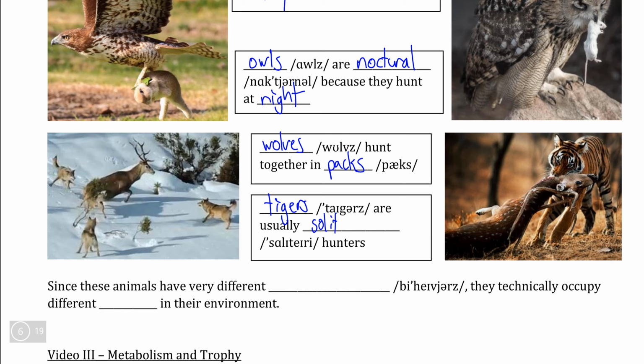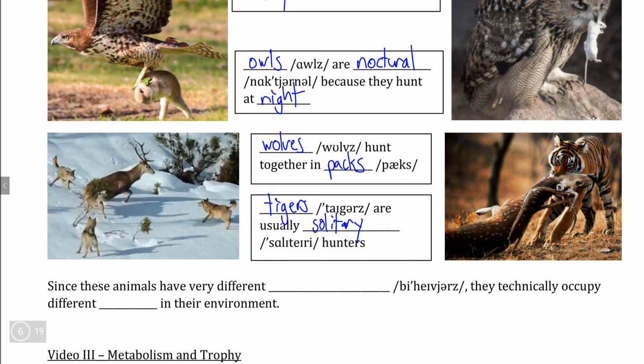Tigers are solitary hunters that rely on ambush predation, surprising larger animals and catching them off guard and delivering a much more aggressive killing blow. We can see that this tiger has killed this deer here by going right for its throat like this.